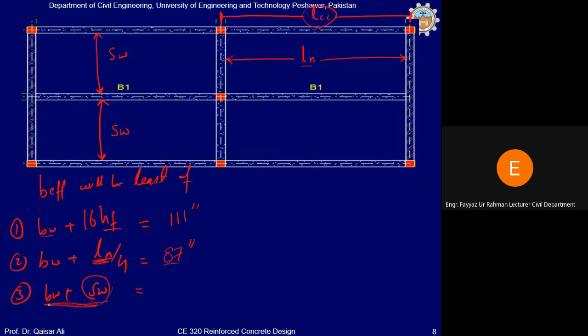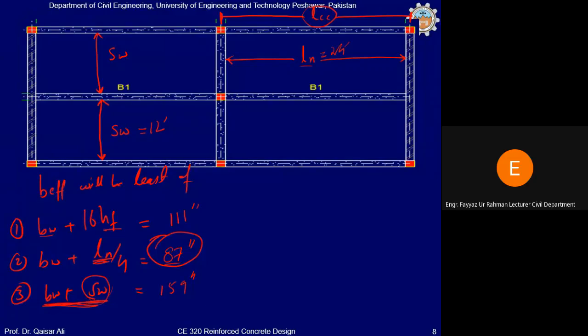ये कितना इसकी वैल्यू बताएं शाबाश. 159. So which one is the B effective? 87. 87 inches. तो ये मैंने आप लोगों को ऑलरेडी बताया था, मगर बहरहाल आप इसको इस तरह कैलकुलेट कर सकते हैं. सही है?